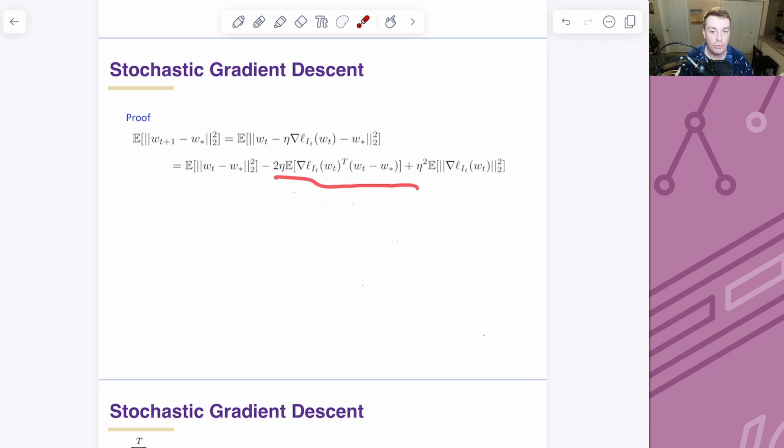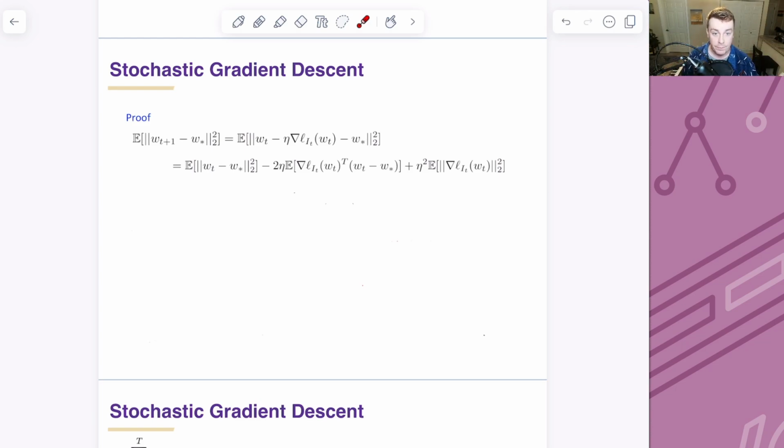Minus, this is the cross term, 2 times eta times the expected value of the gradient at time t at point i_t, inner product with the difference between w_t and w star. Then plus our squared term for the gradient step, which is eta squared times the expected value of the squared norm of the gradient. Again, that's just FOILing all that out.